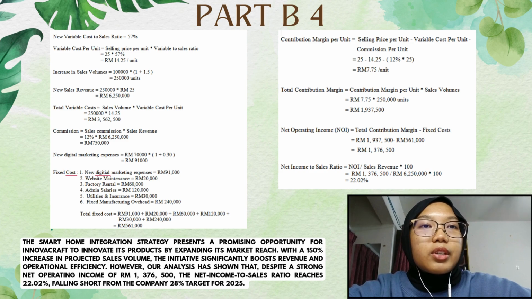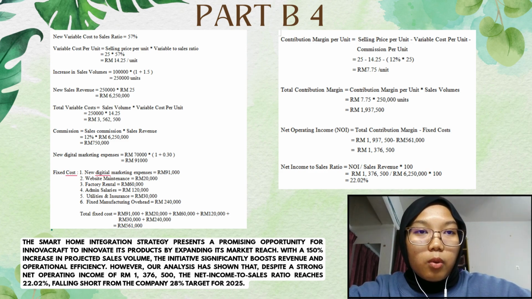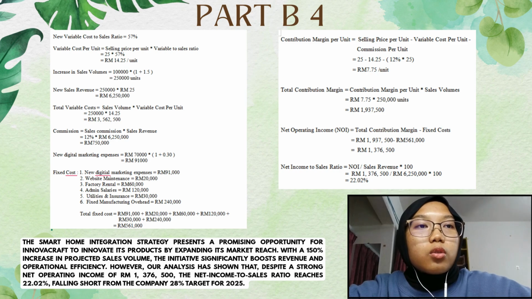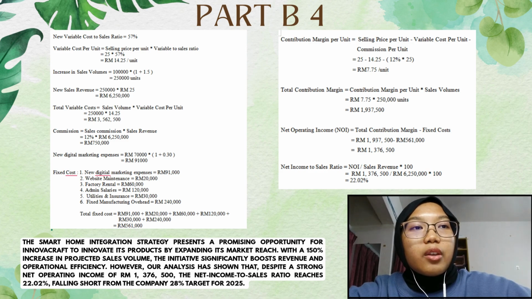With a 150% increase, the expected sales volume rises from 100,000 units to 250,000 units, maintaining the price at RM25. So the sales revenue would be RM6.25 million. The variable cost per unit is RM14.25, leading to a total variable cost of RM3,562,500.